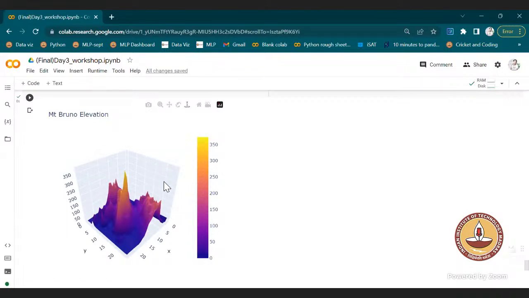Basically what I'm trying to say is this is a 3D plot. When you have data and you want to show the density at a particular point, you can show the density by showing the height. For example, for weather forecasts in some of the news channels, they show India's map, and at every place they just show the state name and the temperature, something like a banner.